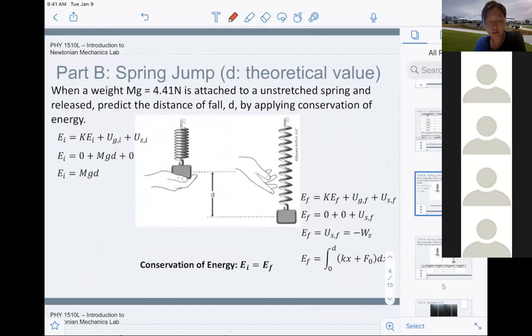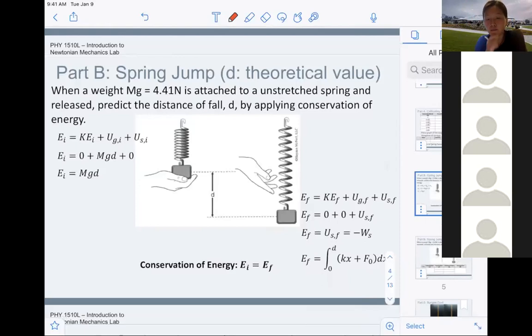The idea is if you're doing bungee jumping, you want to have a correct calculation to make sure that you're safe. So when you drop the object from a height and let it go, it's going to stretch the spring, reach a lowest point, and then bounce right back.